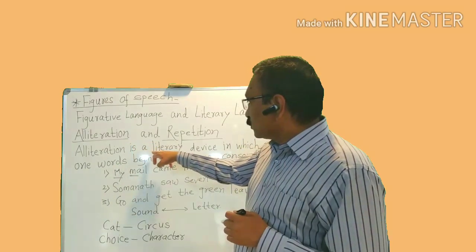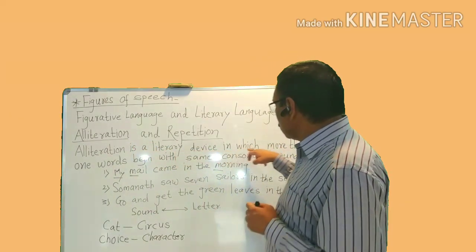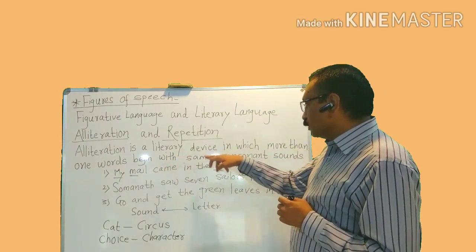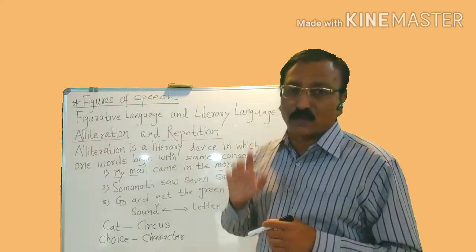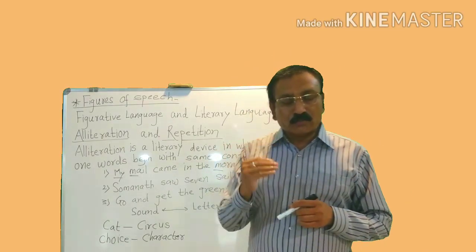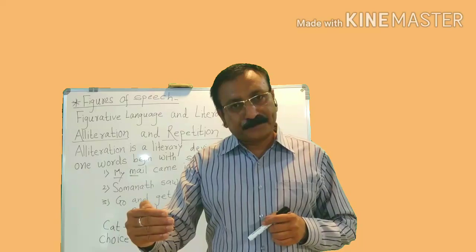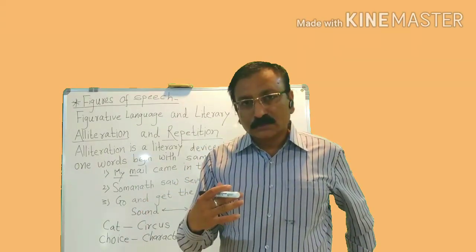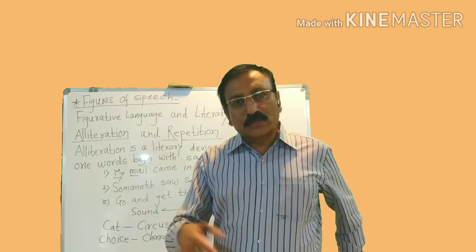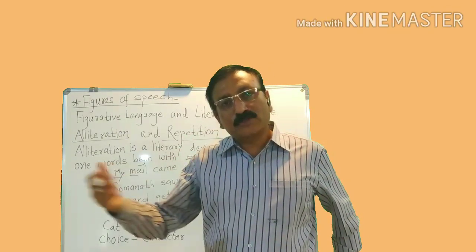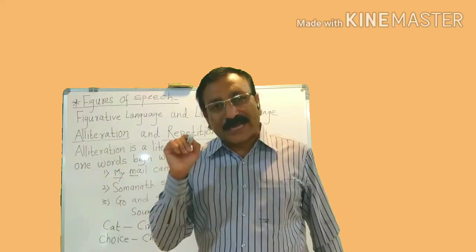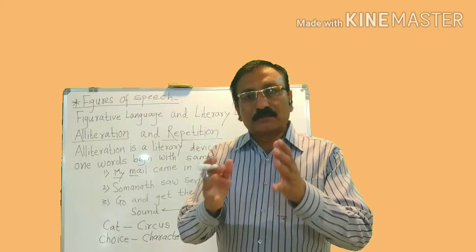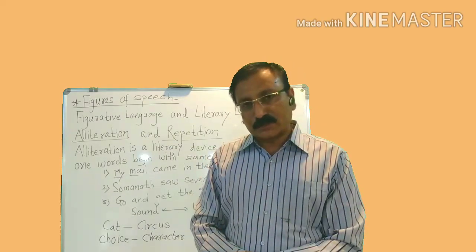Alliteration is a literary device in which more than one word begins with the same consonant sound. So when we go through the poem and come across lines in which we find more than one word beginning with the same consonant sound, that line of the poem is labeled as an instance of alliteration.